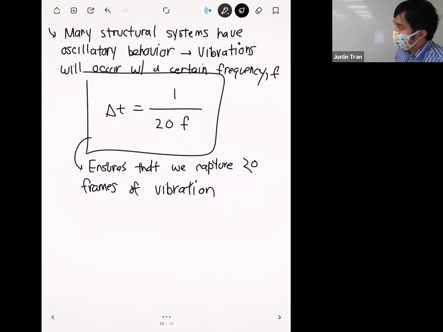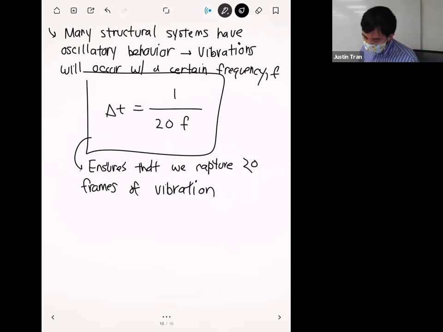Okay. And so this is a pretty good rule of thumb that you can use especially for vibration problems, which is a lot of the finite element applications of dynamics. A lot of those are going to be vibrations, and so this is a good rule of thumb that you can use.